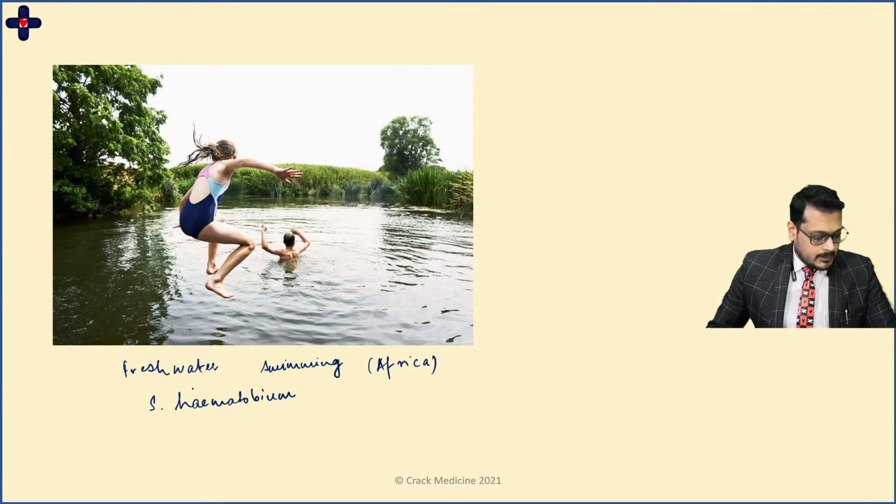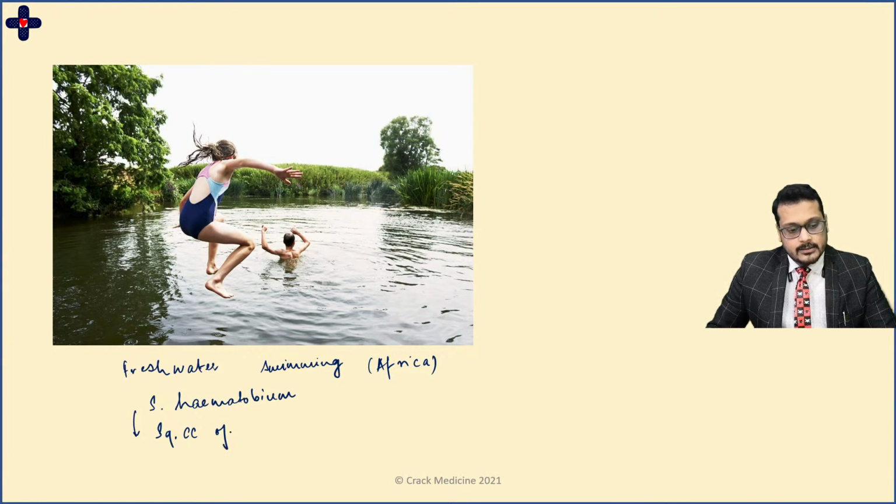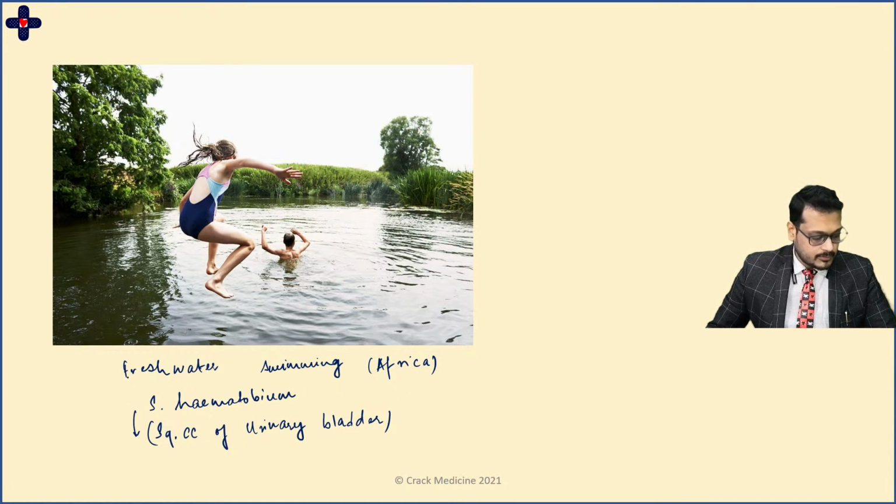Okay, so Schistosoma haematobium is also notorious for causing squamous cell carcinoma of the urinary bladder. Now the question can try to trick you by mentioning transitional cell carcinoma, but that is not the case. It causes squamous cell carcinoma.